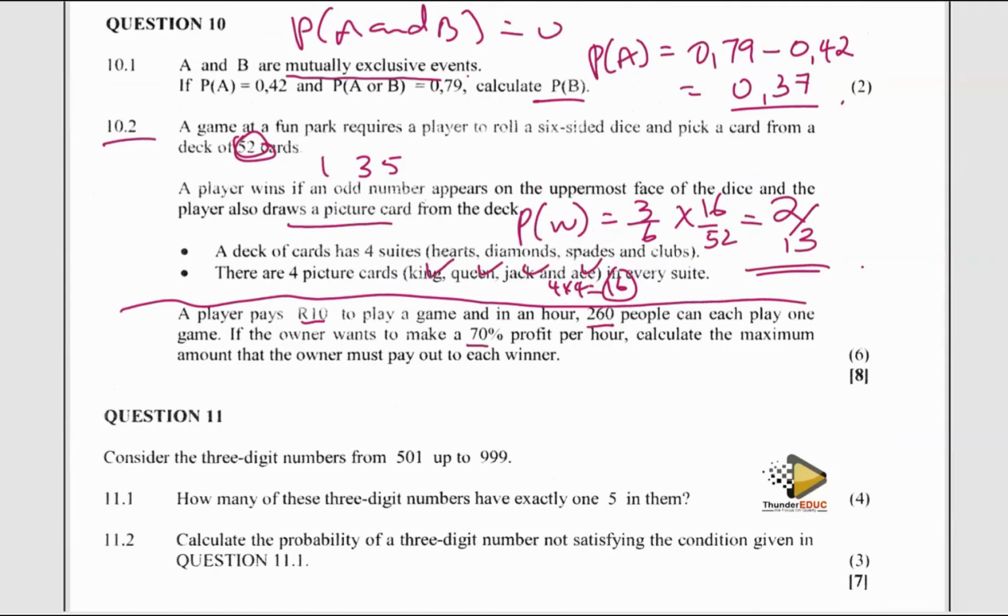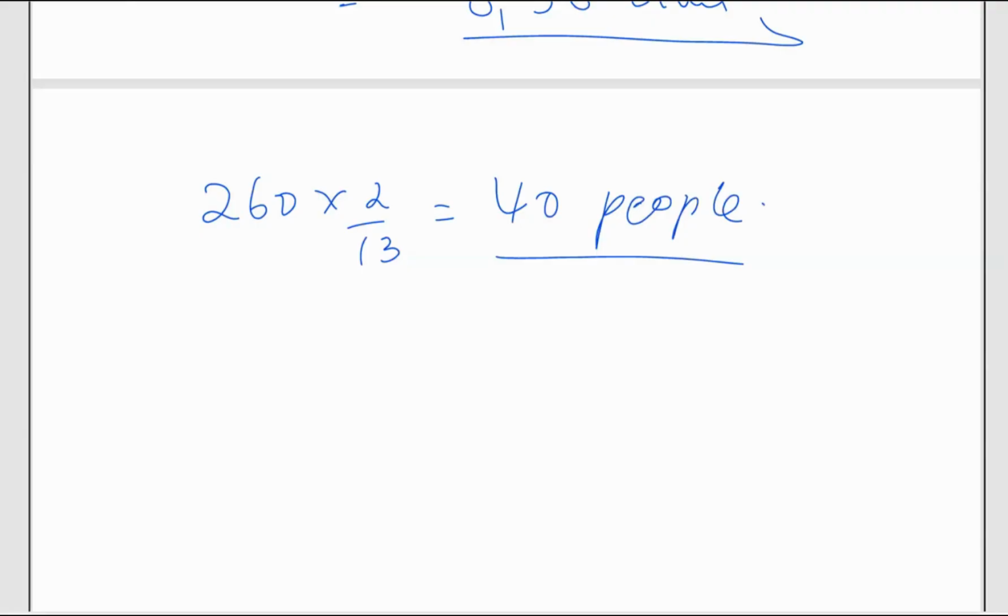Okay, so if this is the probability of winning, how many people can win out of the 260? So we're going to say 260 times 2 over 13. I'm getting 40 people. So in any 1 hour, only 40 people can win.